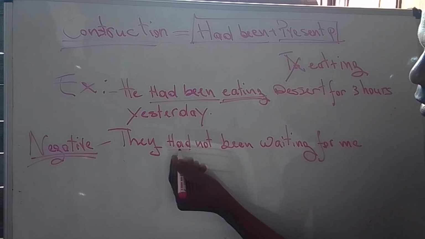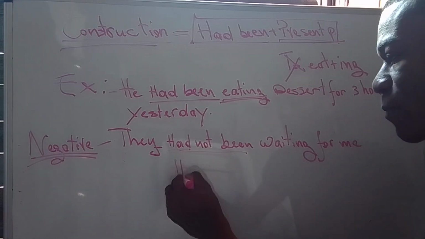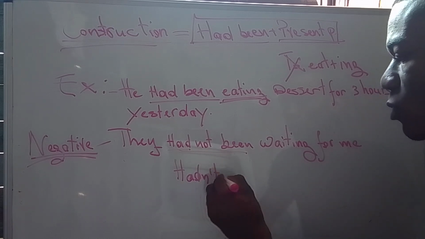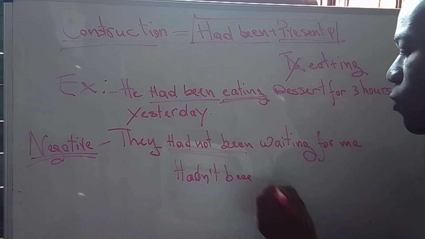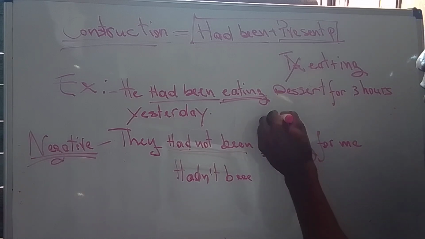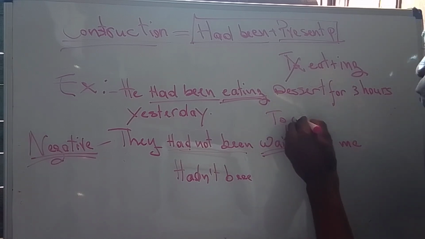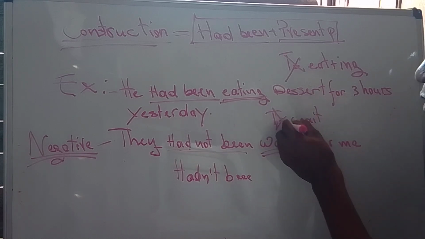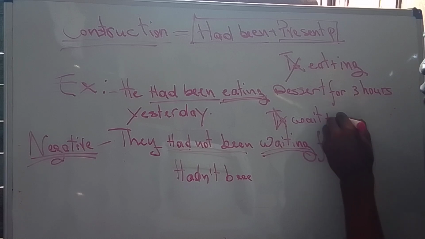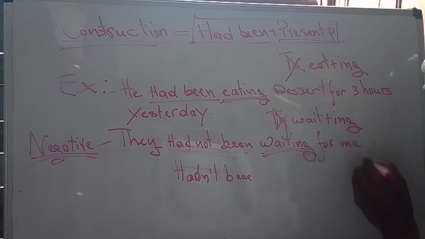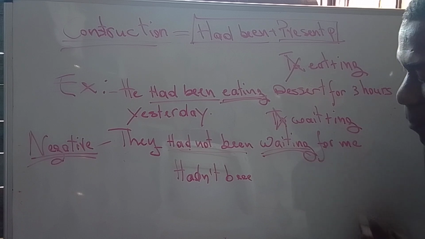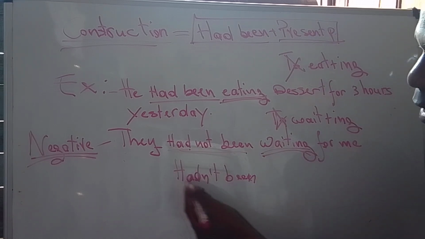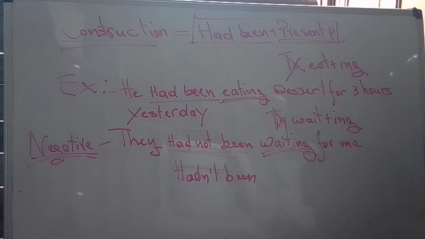Had not been. You can also say they hadn't been waiting for me. Waiting is the verb to wait, but I erase the base form and I put an ing form right here. That gives me waiting. They hadn't been waiting for me. Okay?